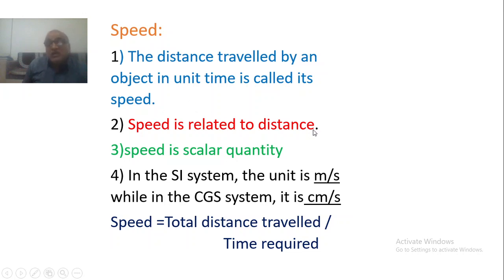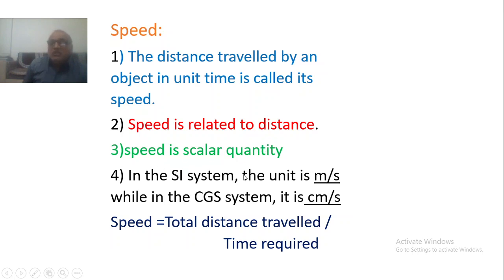What is speed? Now speed is related to distance. The distance traveled by an object in unit time is called its speed. That is, speed is equal to total distance traveled divided by time required. So speed is related to distance. Speed is a scalar quantity.